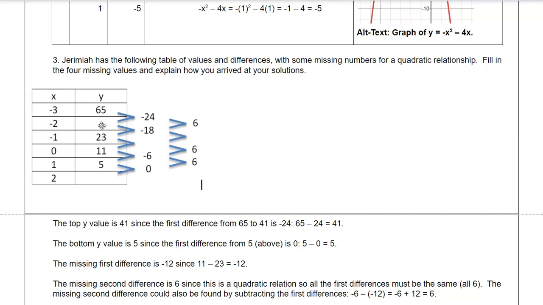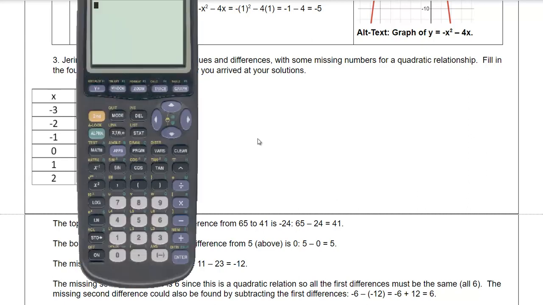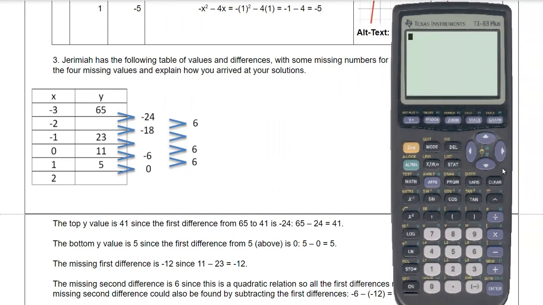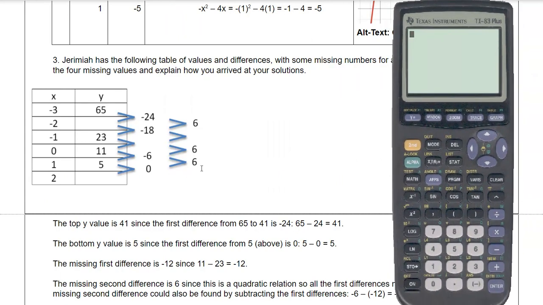So let's start at the top y value here, this one here. See, this negative 24 tells us that if we take this number and subtract 65, we get negative 24. So bring the calculator over here. So you see, I've taken this number and subtracted the 65 to get negative 24.